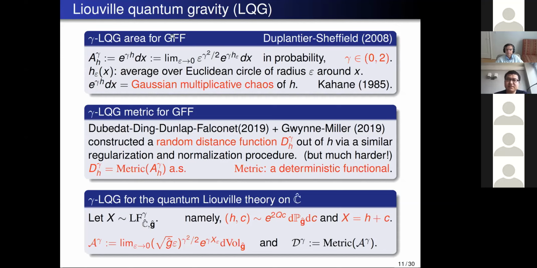But this Gaussian free field is actually intrinsic to the spherical metric. And these two quantities, for example this volume measure and this radius, are intrinsic geometric quantities of the spherical metric. So in this sense, this is more natural. And more importantly, this one gives the right scaling limit of random planar maps, which correspond to the random geometry physics considered in quantum gravity.